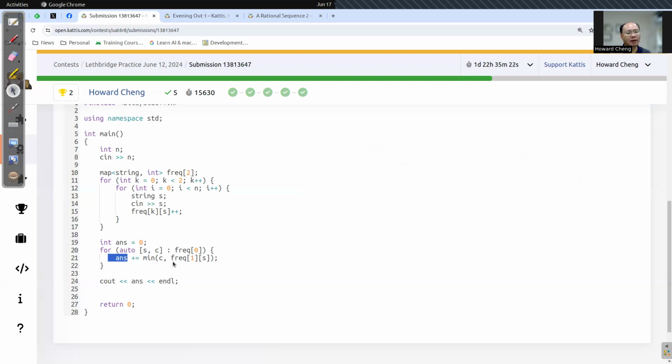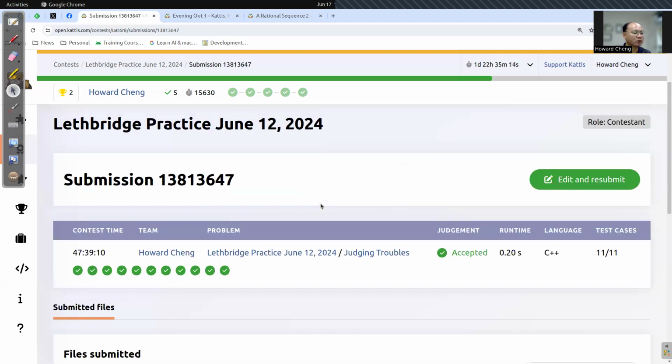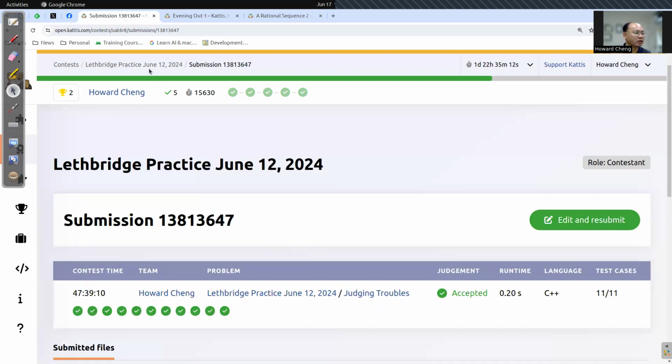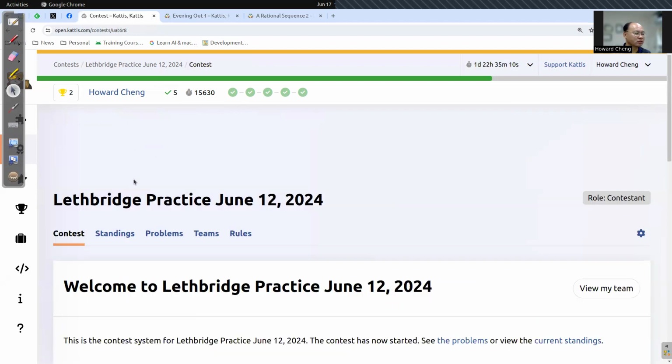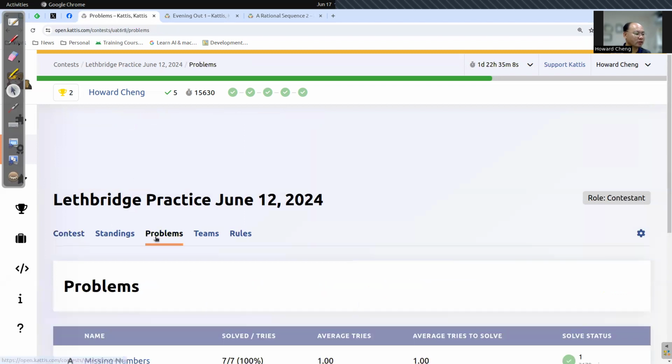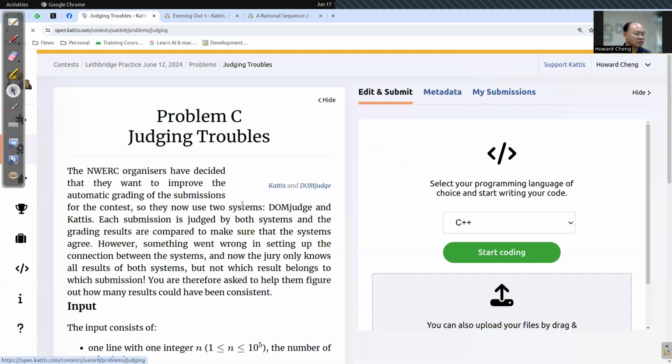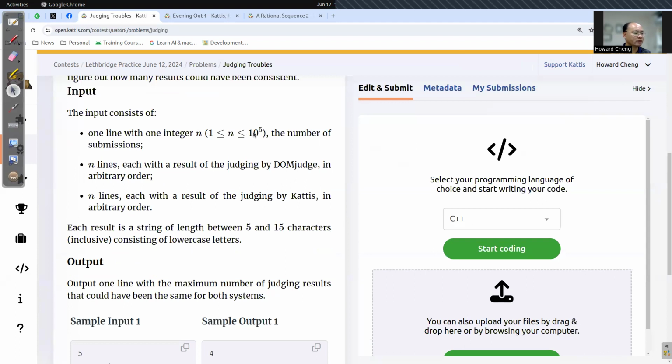So this is mostly an exercise in data structures to help you look things up quicker. If you try to do this yourself without using any data structure, this is probably not going to work, because the number of judgments is up to 100,000.